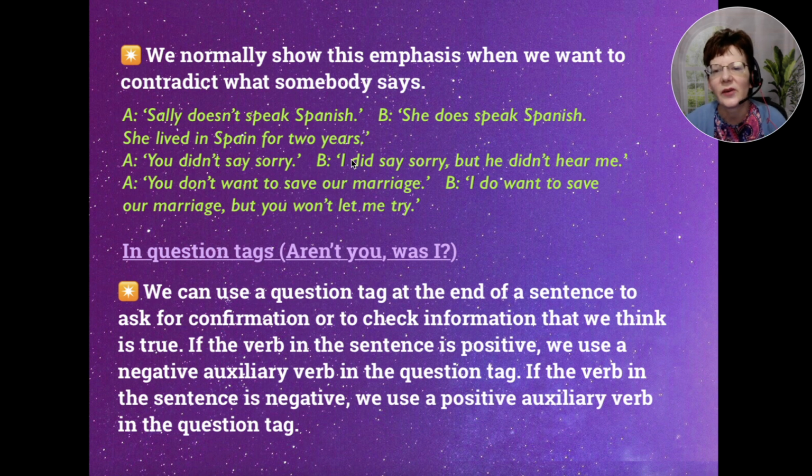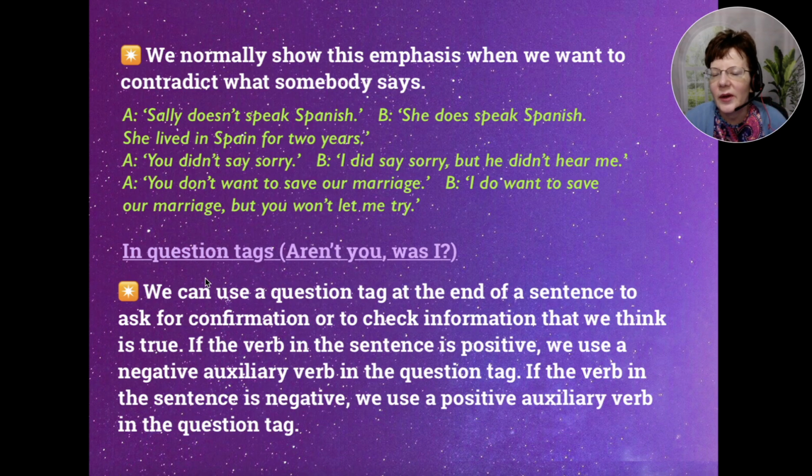So you can hear how it's used for emphasis here. All right. And then: You don't want to save our marriage. But I do want to save our marriage, but you won't let me try. All right. So this is using do for emphasis.